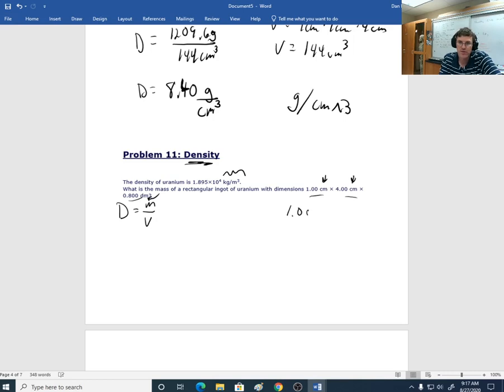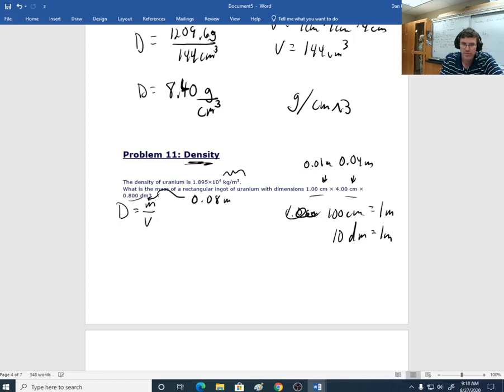So pause right now and convert them to meters. Okay, I am going to convert these. There are 100 centimeters in 1 meter, and there are 10 decimeters in 1 meter. Well, this conversion would make it 0.01 meters, this is 0.04 meters, and this one is 0.08 meters.